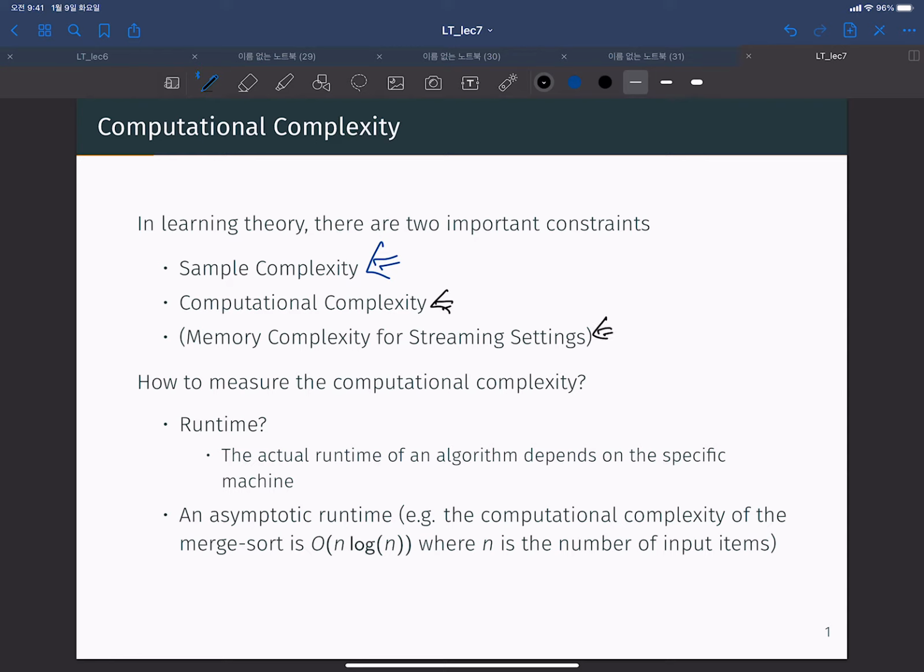Sometimes we have to think about memory constraints as well, especially for the streaming setting. For instance, if we deploy sensor devices to monitor our factory, let's say, then every sensor will make some data every time slot, and the generated data will be sent to some central cloud machine.